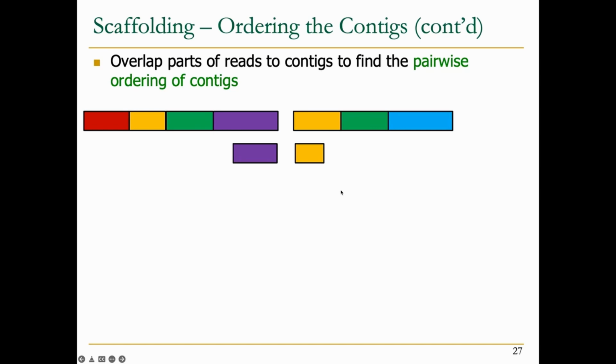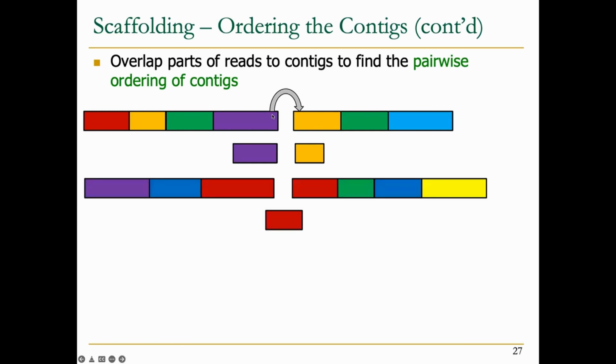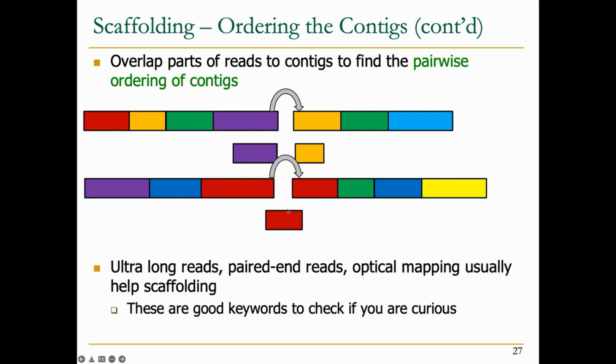So now it's clear that there should be a link between them. Maybe I still cannot fill the gap, but at least now I can order the contigs so that I can insert some dummy string over here and generate even longer, ideally chromosome-size contigs or assemblies. Similarly, maybe a read overlaps like this, etc.